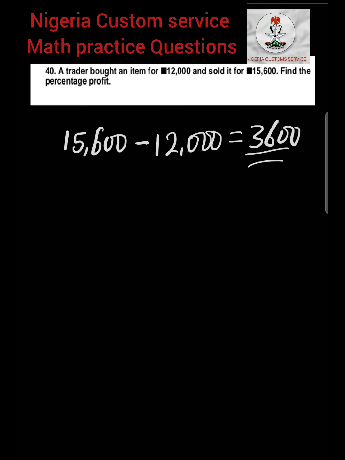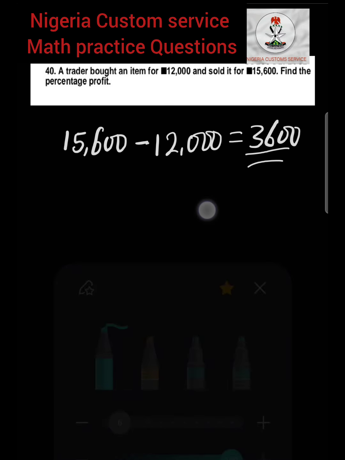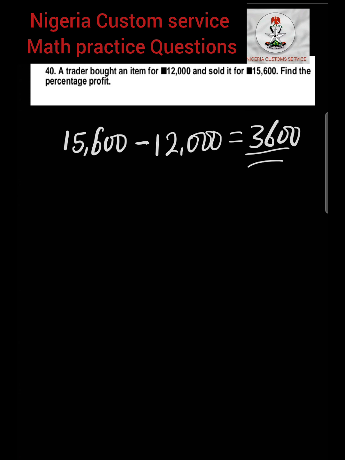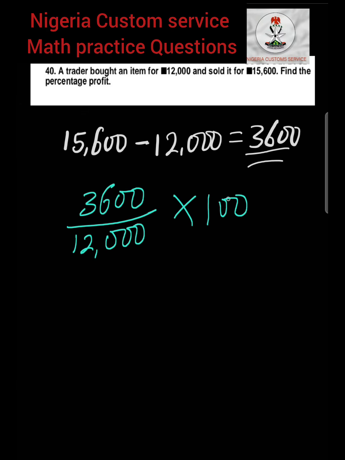But the question says, find the percentage profit. Now, to get the percentage profit, we are going to divide the profit by the actual money, then we multiply it by 100. That's what I mean by a profit percentage. So the profit is 3,600 divided by the actual money he bought it for, which is 12,000, then multiply it by 100.